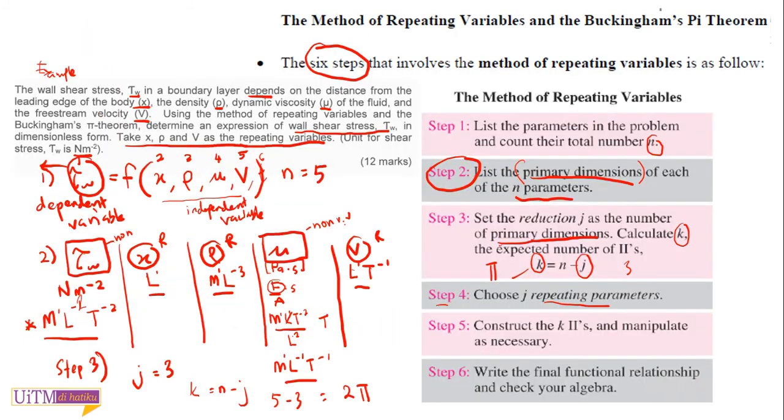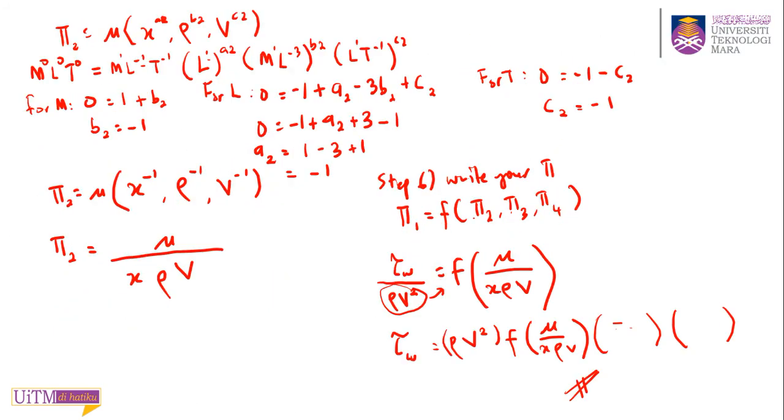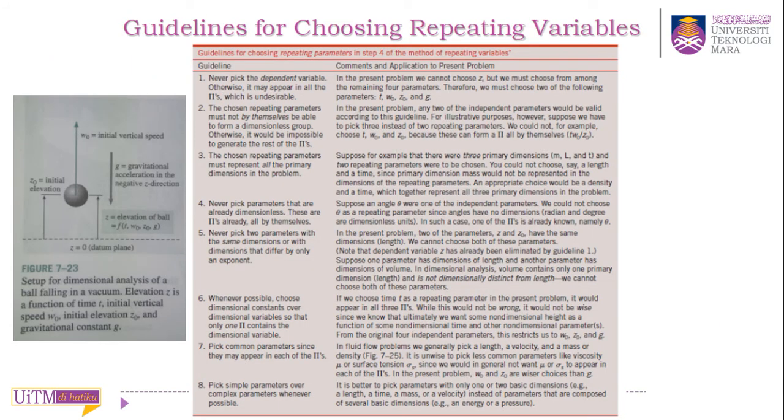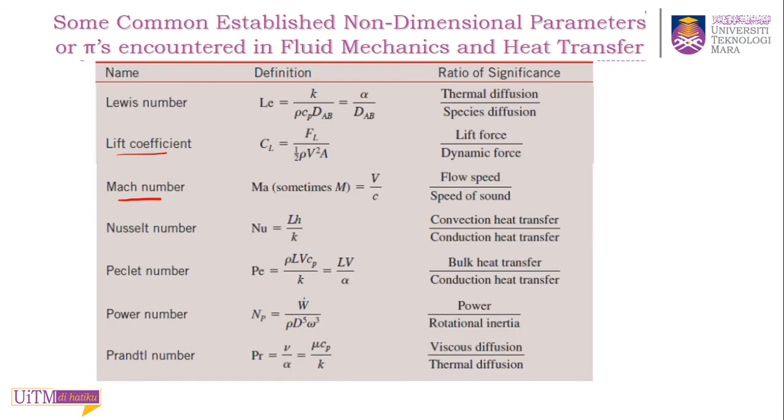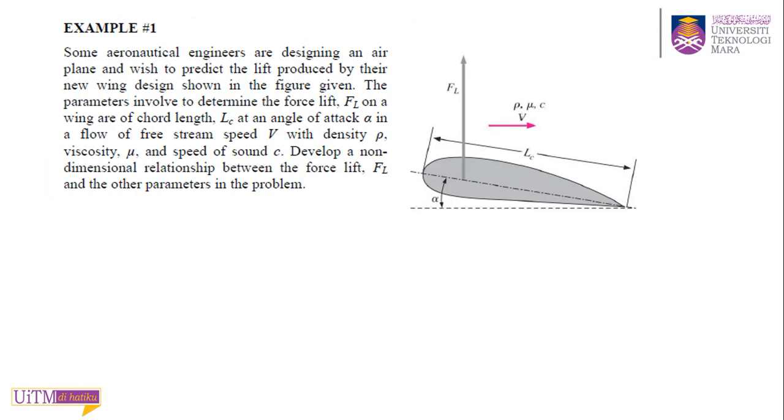This example is quite easy because the repeating variables x, ρ and V are given to you. How about if they did not give you the repeating variables? For example, this question: some aeronautical engineers are designing an airplane and wish to predict the lift produced by their new wing design shown in the figure.